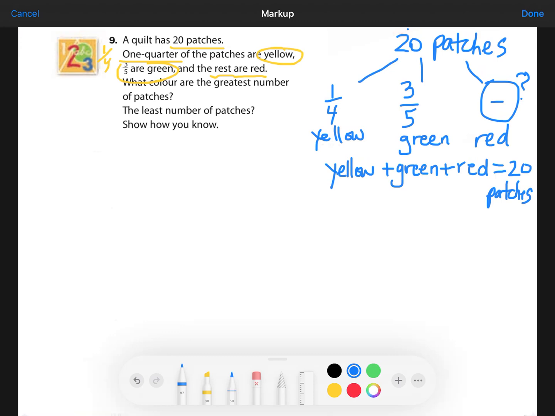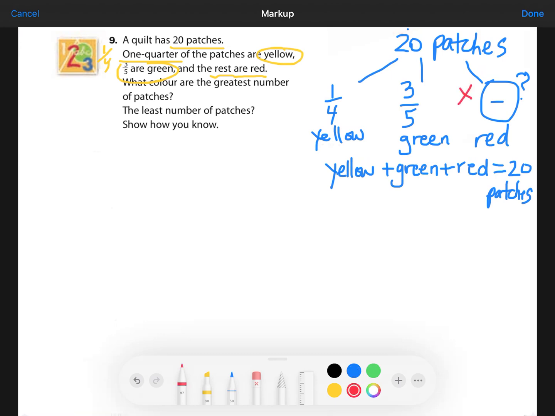What color are the greatest number of patches? What color are the least number of patches, and how do you know? Okay, so that sounds like I'm trying to compare 1/4 to 3/5 and to wonder which one is bigger.